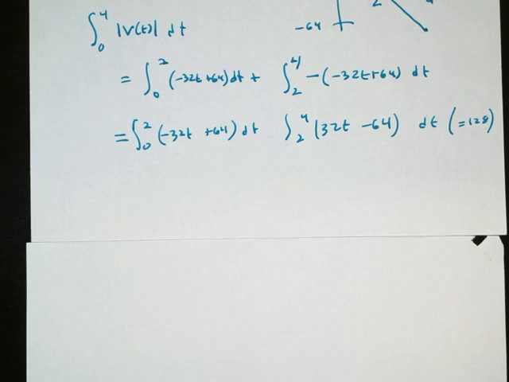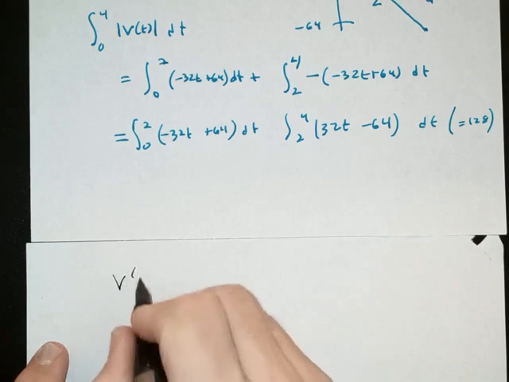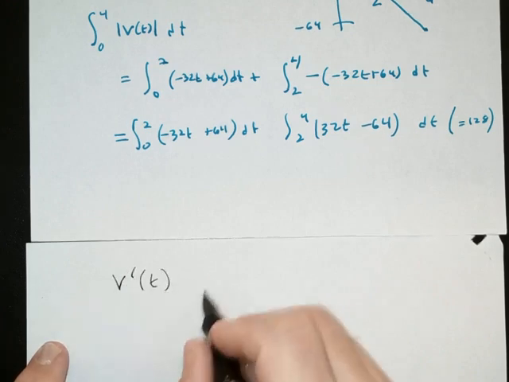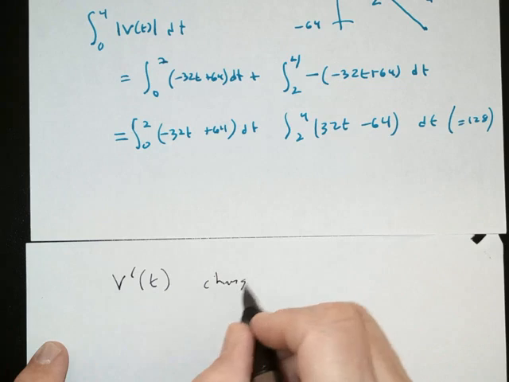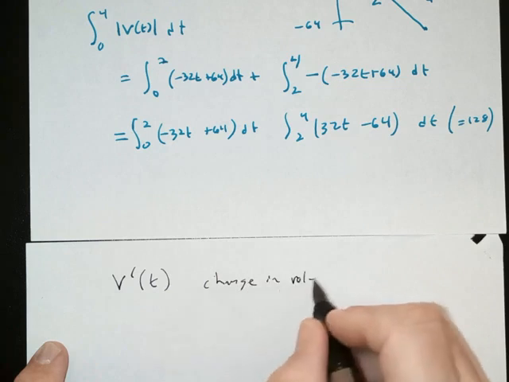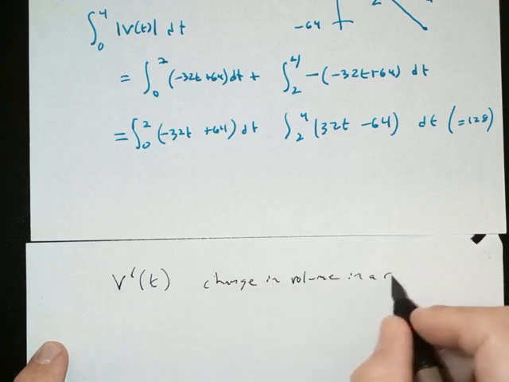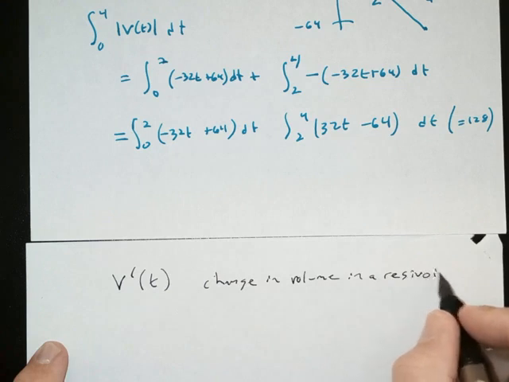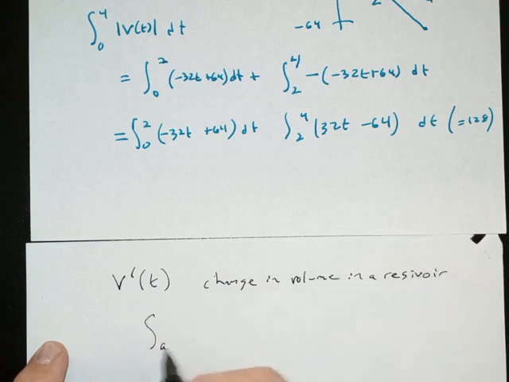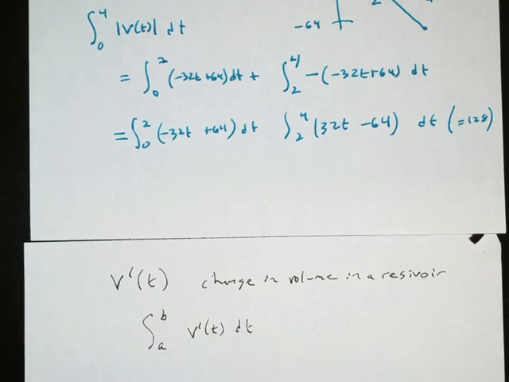But if my volume of water changes over time, then I integrate V prime of t.